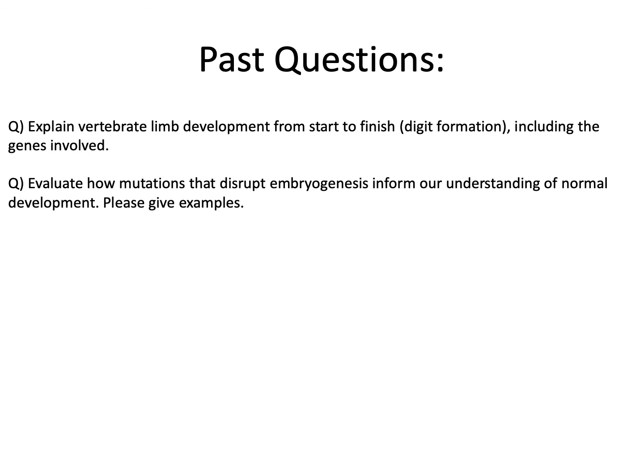I want to give you these 2 past questions we've had in the past 2 or 3 years. The first question: explain vertebrate limb development from start to finish, talking about digit formation, including genes involved. And the second question: evaluate how mutations that disrupt embryogenesis inform our understanding of normal development. Please give examples.